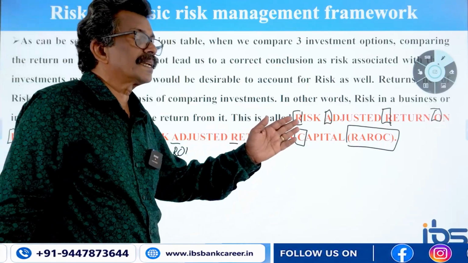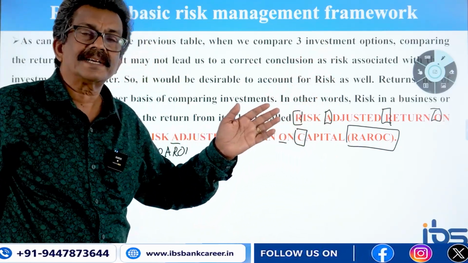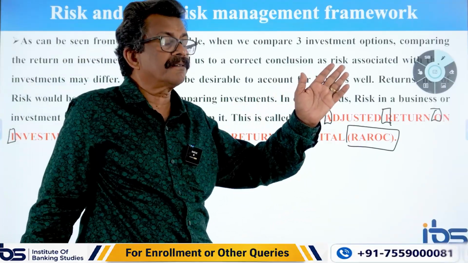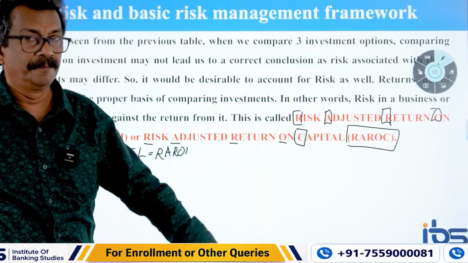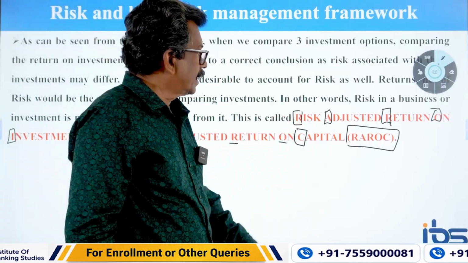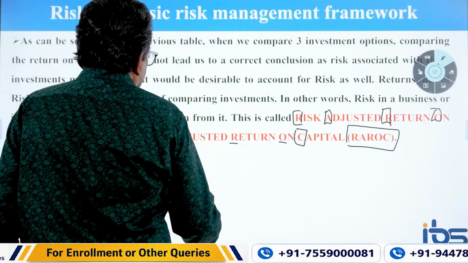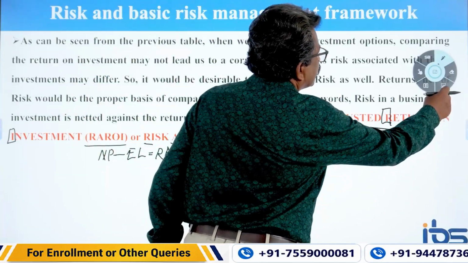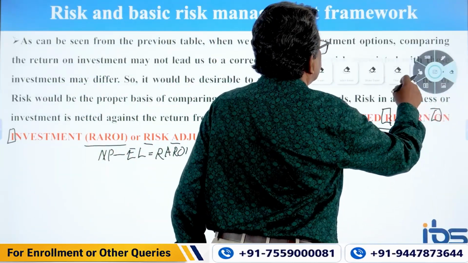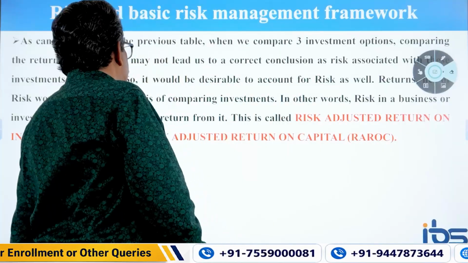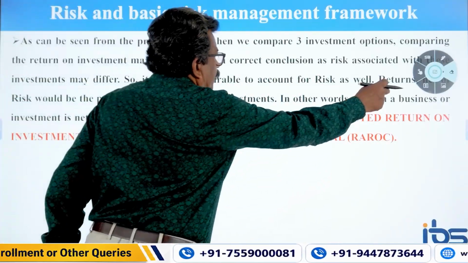If the risk adjusted return is more, it tells that the financial strength of that institution is good, with sound liquidity and a stable funding position. So that is what is called RAROC, risk adjusted return on investment, or risk adjusted return on capital.